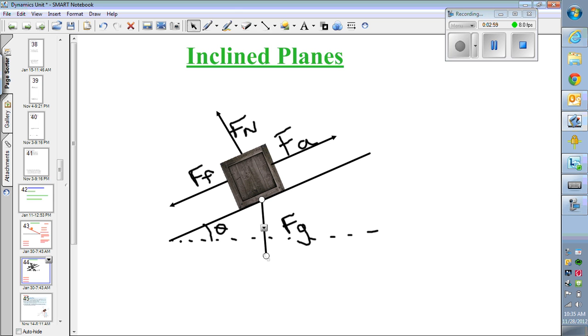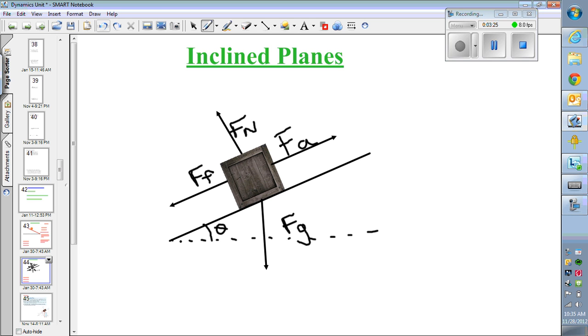Gravity is still a force that's straight down towards the center of the Earth. So our problem is that FN and FG do not balance anymore. They're not pointing in the same direction. So we can't set the normal force equal to gravity like you did in previous questions. You can't do it anymore. So we have to resolve some vectors.